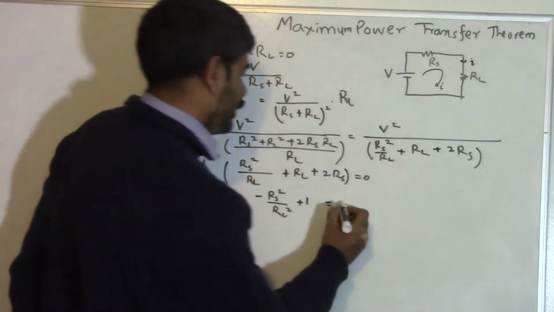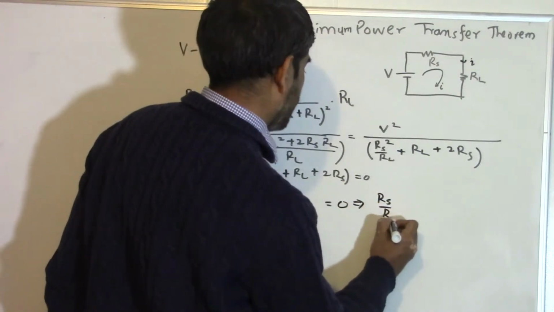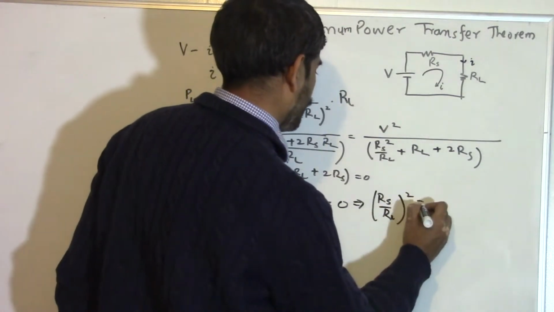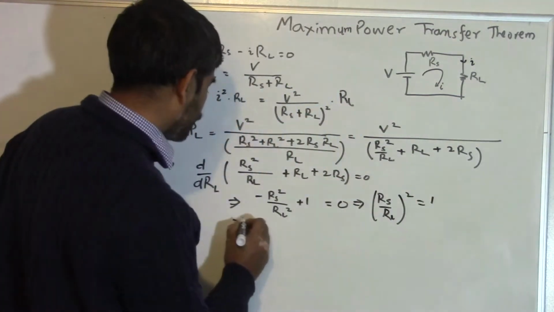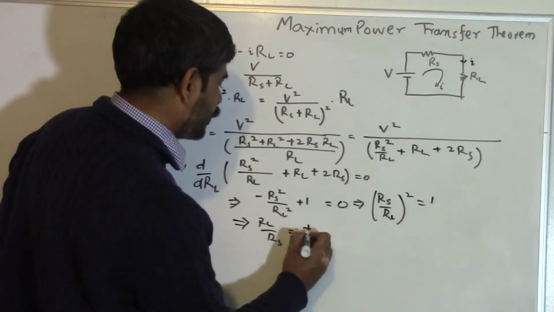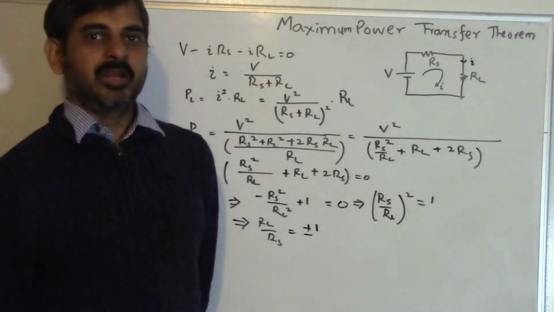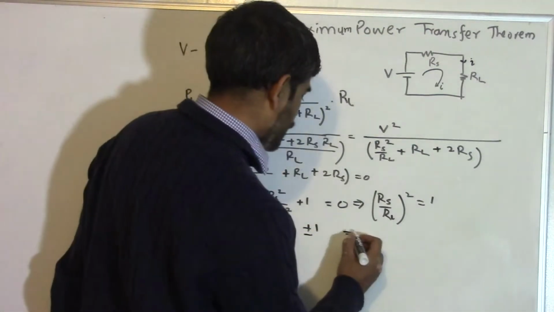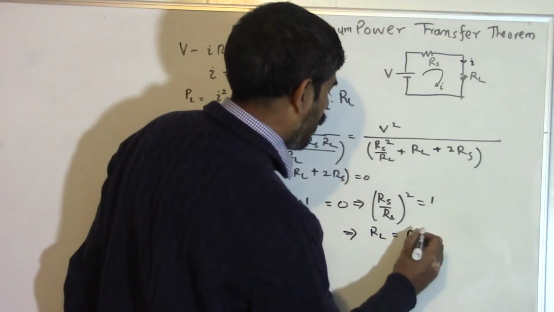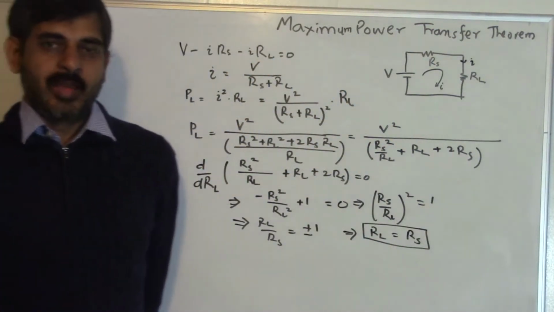From here we get (RS upon RL) whole squared equal to 1, and that will give us two values of RS divided by RL, either plus 1 or minus 1, and our resistances cannot be negative. So the optimal condition for maxima or minima is RL equal to RS.